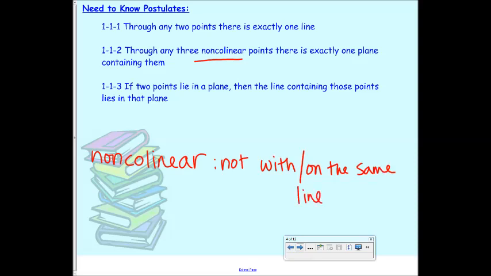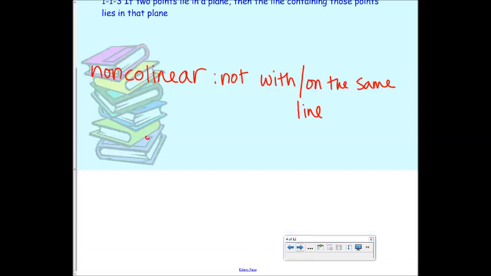So for example, which of these is a non-collinear point? C. Good. C is non-collinear. A and B then are what? Collinear. A and B are collinear.